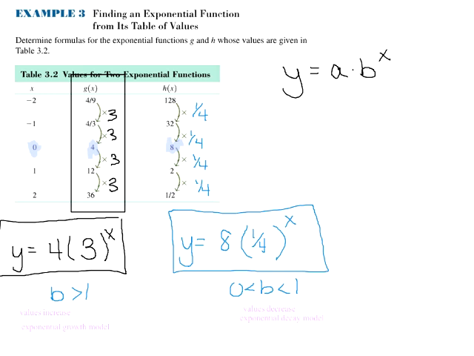But I just wanted to point that out now to bring that back up in your memory, so when we do hit that lesson, it's not a total shock. Any questions with how we created those equations using y equals a times b to the x, and then seeing how the base actually affects the rest of the model?